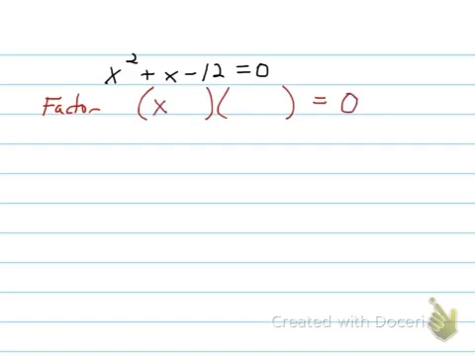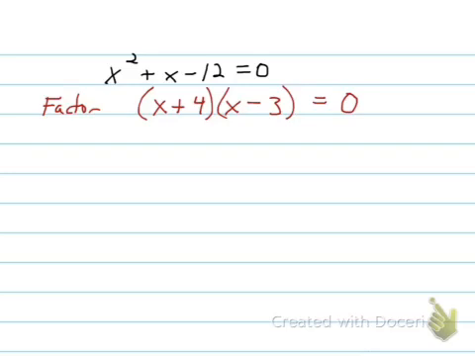Alright, so x and x, and I'm going to guess 4 and 3 to get to that 1 in the middle, and then the 4 would need to be positive so that I have a positive x in the middle. 4x minus 3x would give me x. Okay, and now you need to finish it.